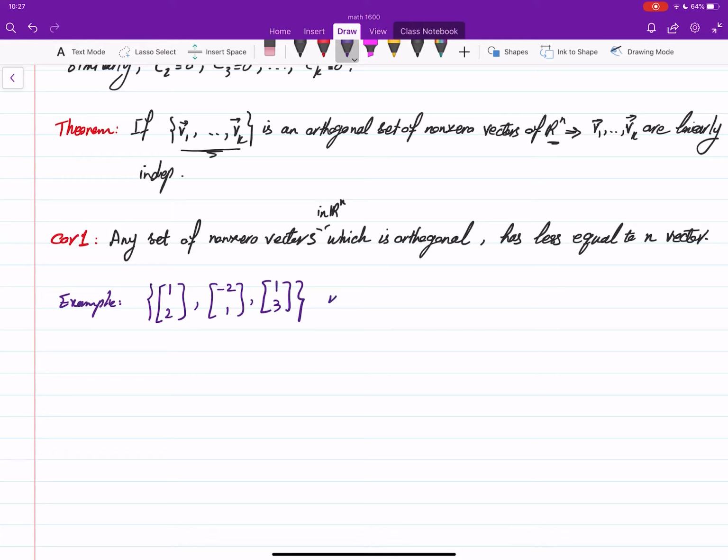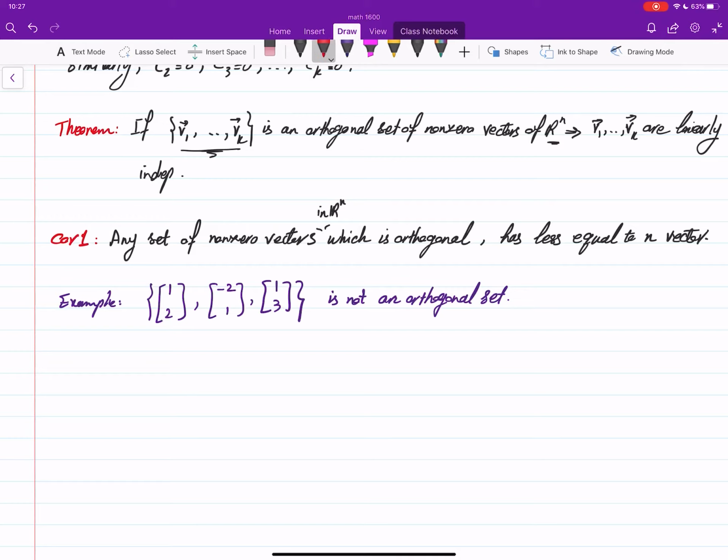This set is not an orthogonal set because it has 3 vectors. In R2, the maximum number of elements of an orthogonal set of non-zero vectors is 2, and so on.